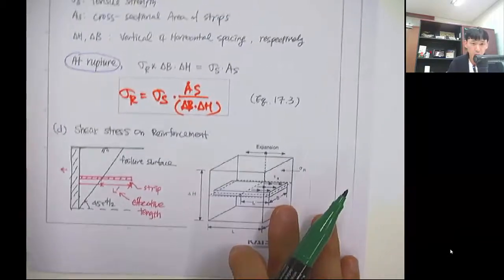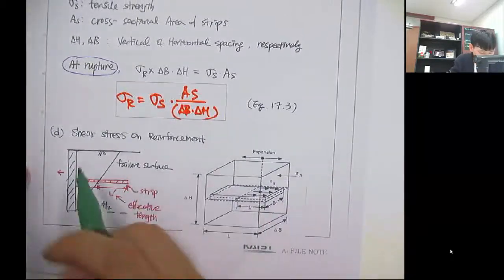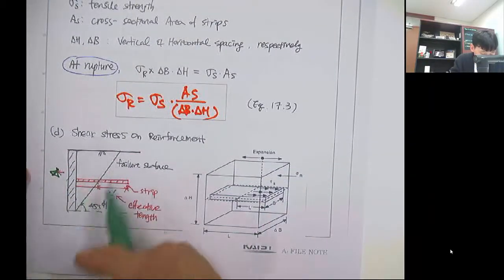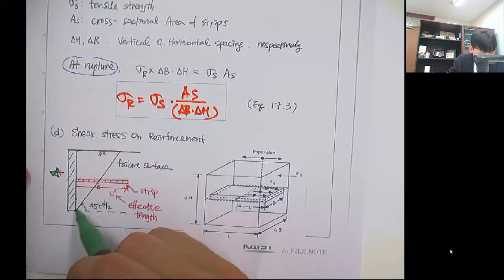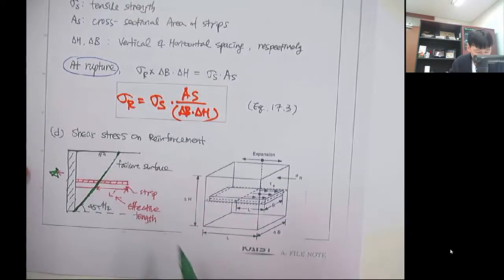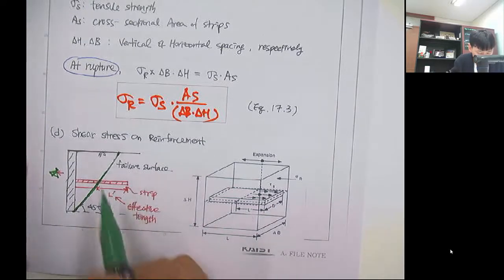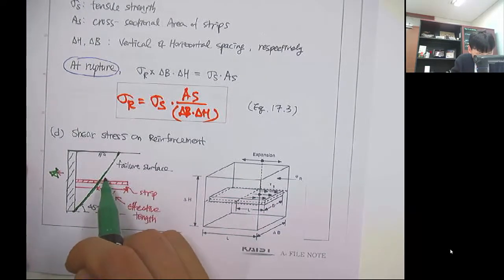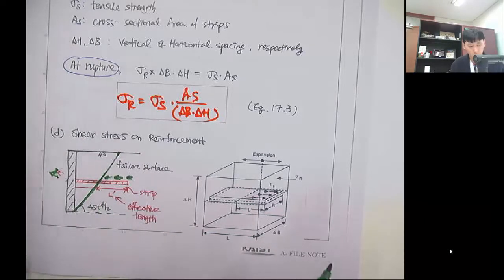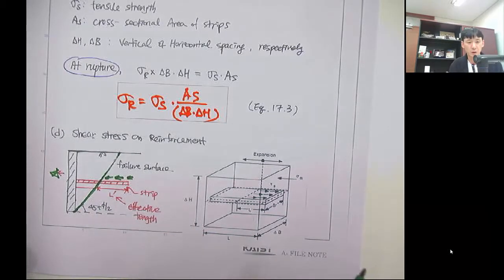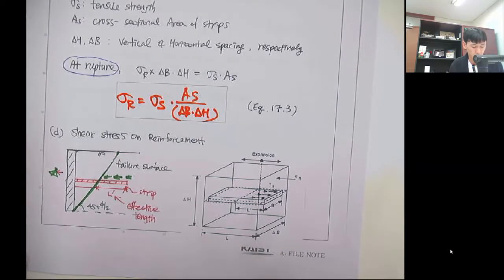So here, let's think about the slippage case. So in the case of active failure, that failure can occur along the potential failure surface. Then there will be some friction here resisting against the soil slippage.